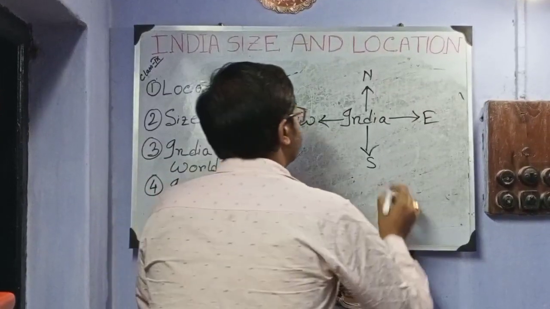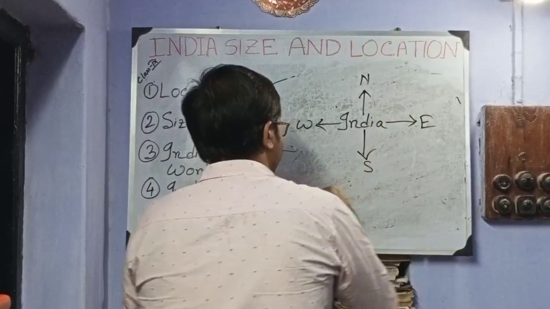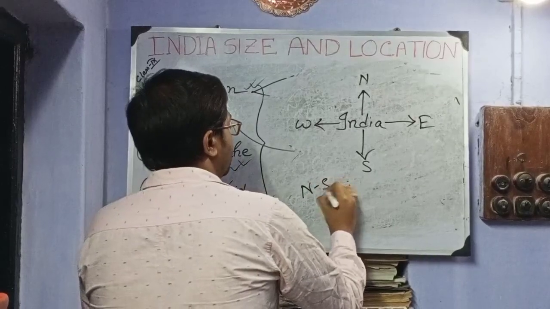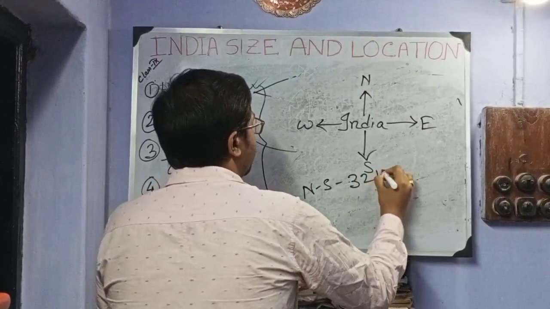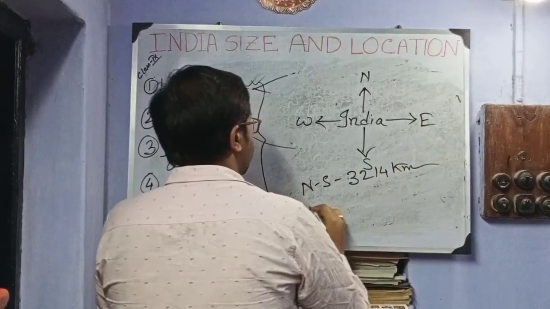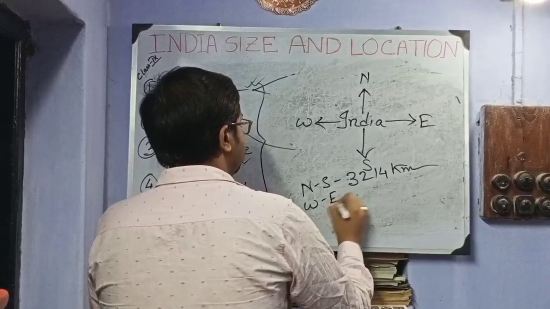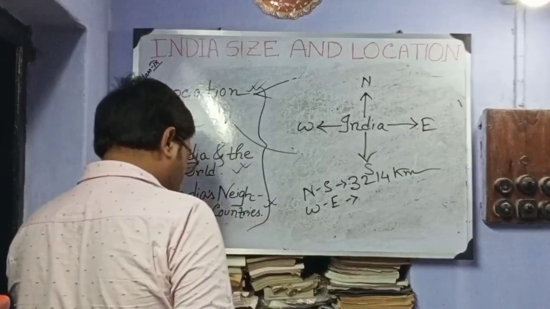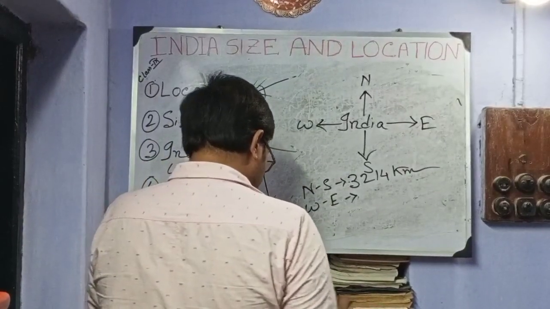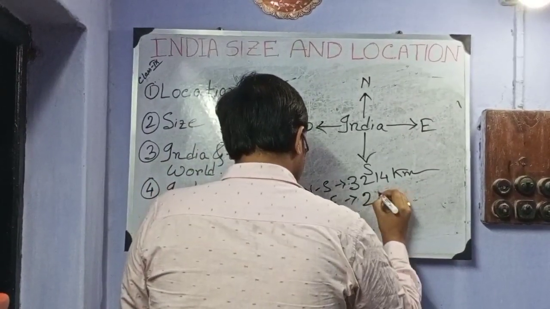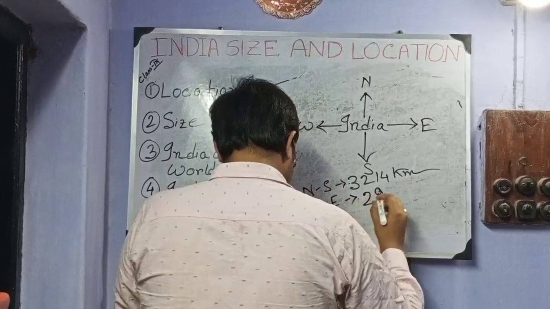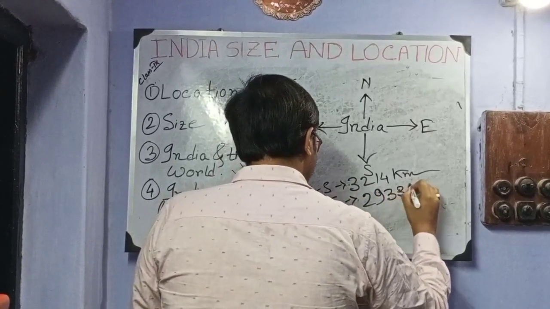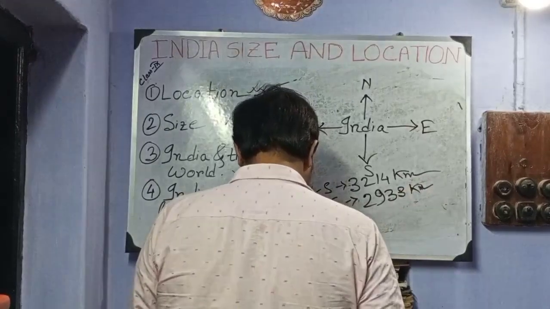3,214 kilometers north to south, and west to east, 2,933 kilometers.